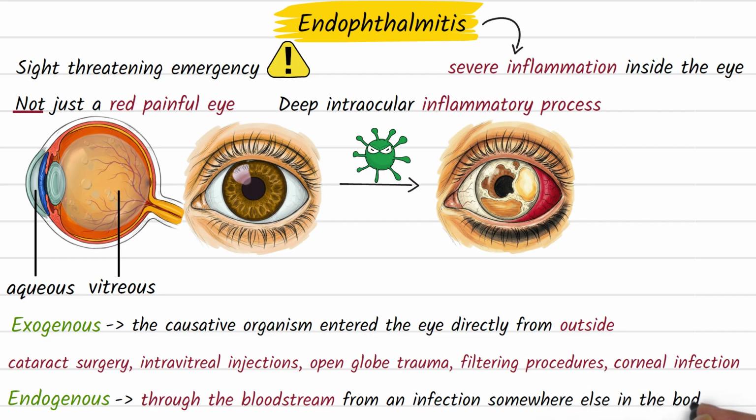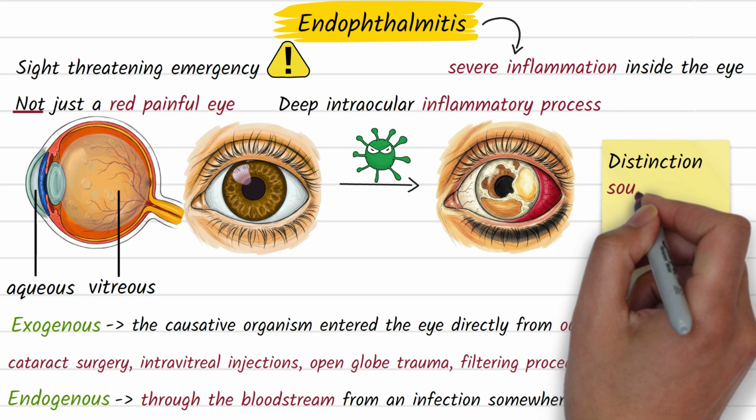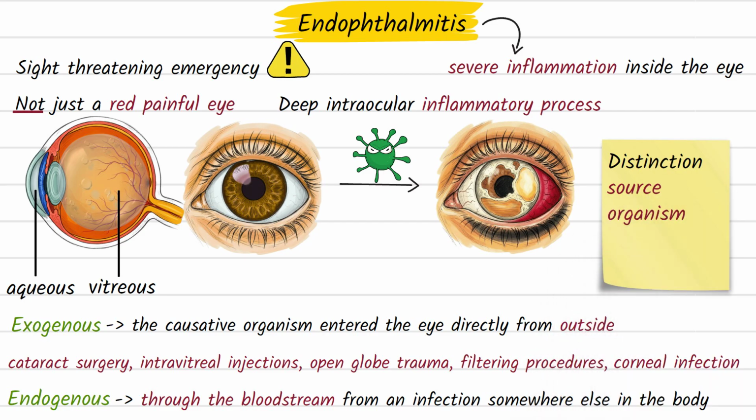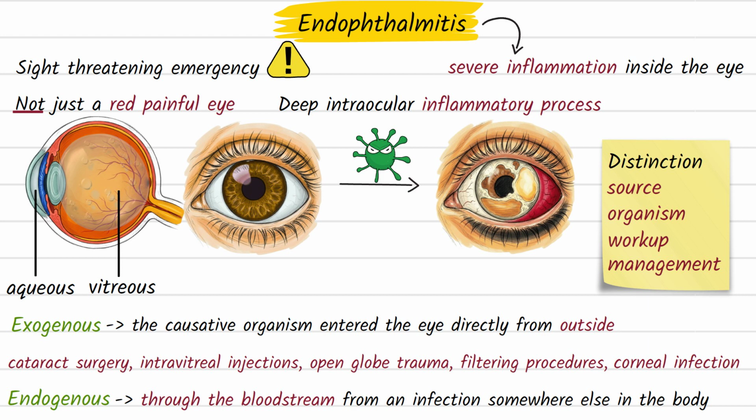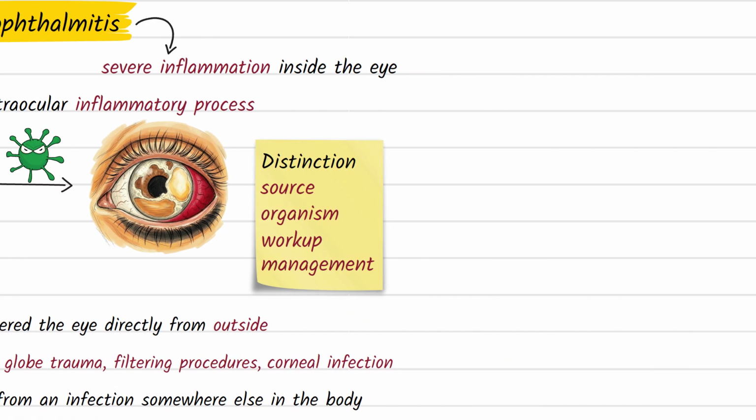That distinction is important because it changes the likely source, the likely organism, the workup, and the overall strategy. In a practical sense, endophthalmitis matters so much because the retina, vitreous, and other internal ocular tissues are highly specialized and they do not tolerate uncontrolled infection or intense inflammation very well.